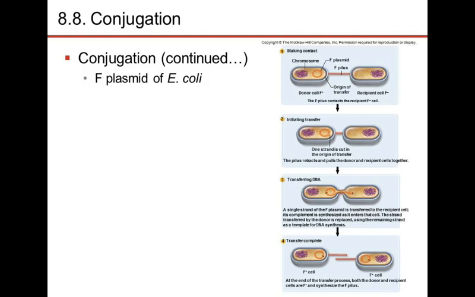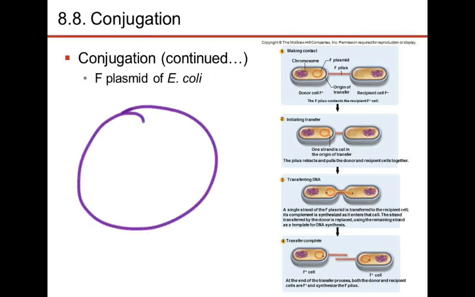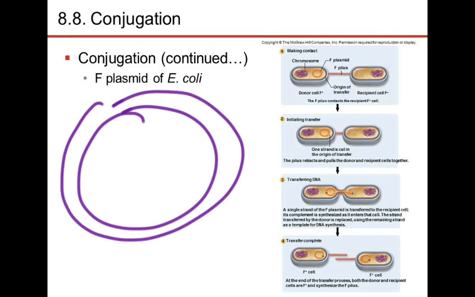So once that conjugation pilus is set up, DNA starts to transfer. And remember, DNA is double-stranded, and an enzyme comes in and nicks one strand of the DNA.